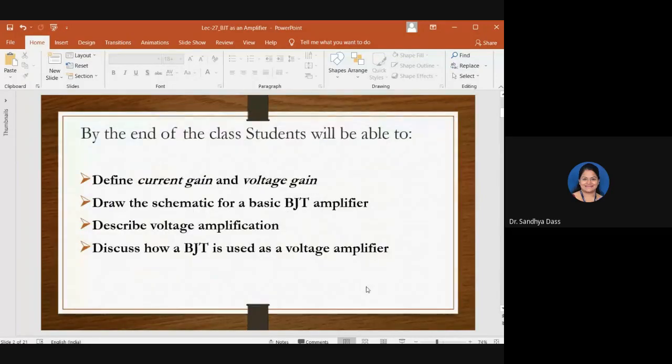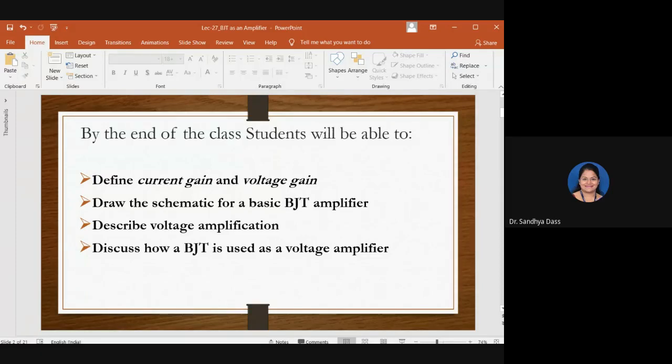Lecture 27. By the end of this class, you will be able to define current gain and voltage gain, draw the schematic for the BJT as amplifier, and describe what is voltage amplification and how a BJT is used as a voltage amplifier.